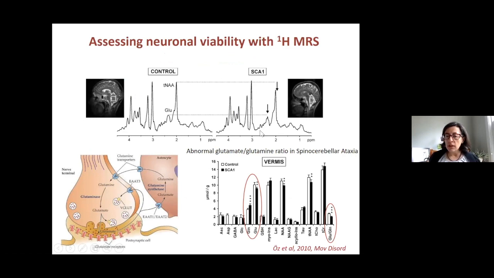This disease results in cerebellar atrophy and dysfunction, which results in ataxia. So even in a single spectrum, you can see the NAA signal is down in the individual with SCA1, as well as the glutamate signal. So what I had mentioned earlier about assessing neuronal viability through these markers is apparent here.